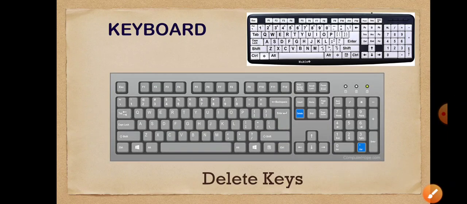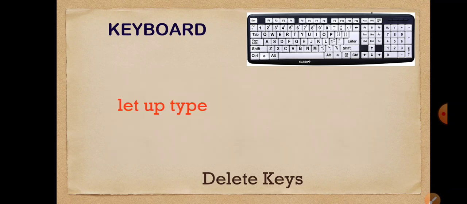Next, delete key. Now children, here you have to pay attention. Delete key works to the right side of the cursor. Suppose I wanted to type let us type, but by mistake I have written let up type. Now I want to remove up, and then I want to type us.